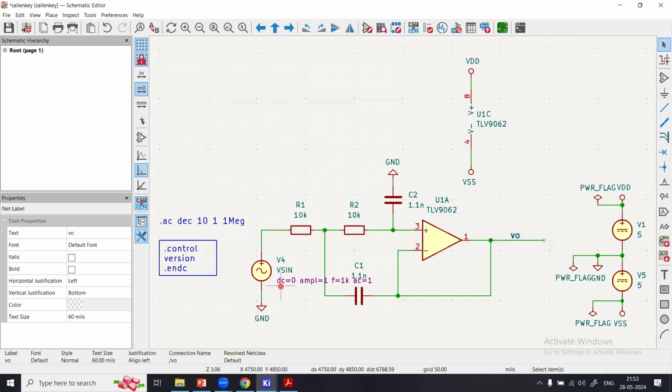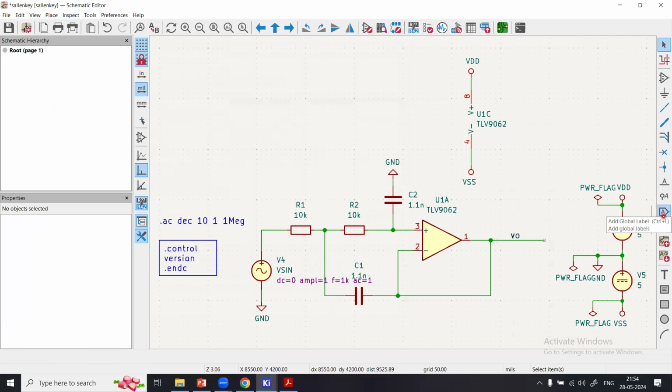For the DC analysis, the DC voltage will be used. For the transient, I can have a peak value of the signal. For the AC Bode plot, I can have this value of the signal. For the transient and the AC analysis, I can specify the frequency.